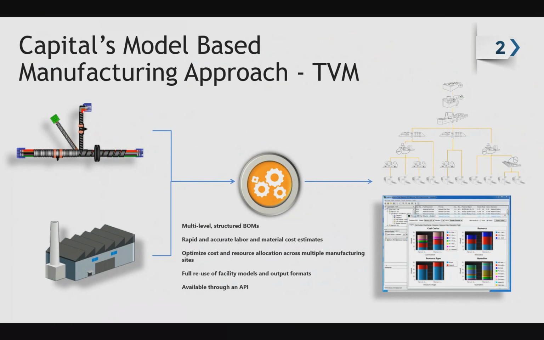It also allows for full reuse of facility models and output formats, minimizing maintenance overhead. And like the rest of the Capital Suite tools, it is available through the API in order to extract whatever format you would like or whatever information is needed to bring into your ERP system.